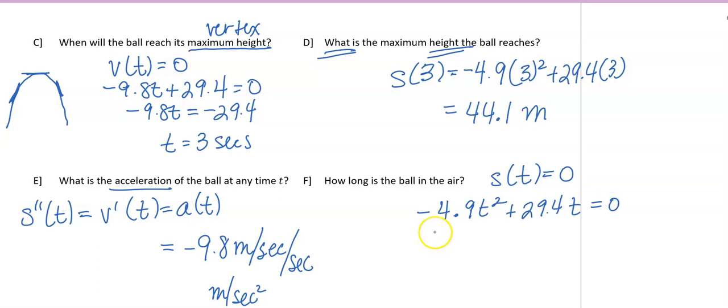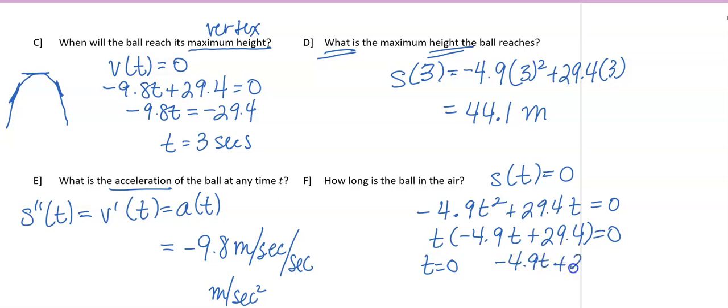Let's see, it looks like I can factor out a t. Now, do not always assume. But when you work out t equals 0, it starts off from the ground. And the other quantity, when you solve for t, you get t is equal to 6 seconds.